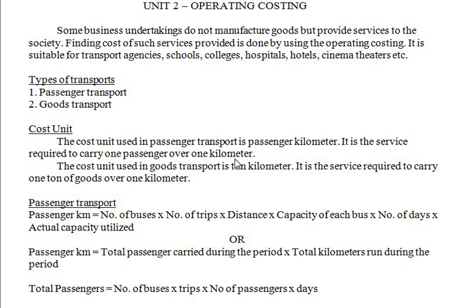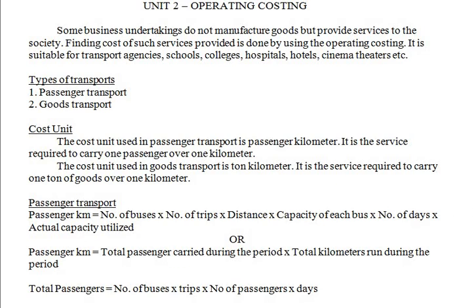Whatever service is rendered and whatever expense is incurred for that, we are going to calculate. The cost unit used in goods transport is ton kilometer. It is the service required to carry 1 ton of goods over 1 kilometer. So for transporting goods over 1 kilometer, how much expense is incurred, that we are going to calculate.